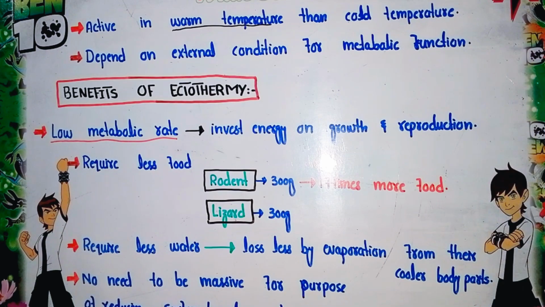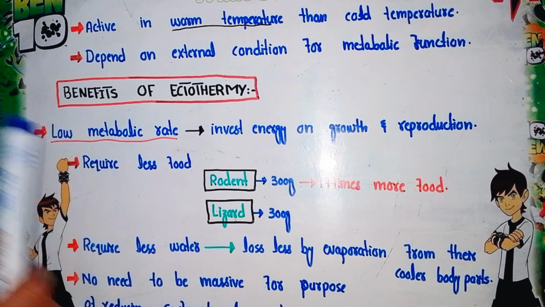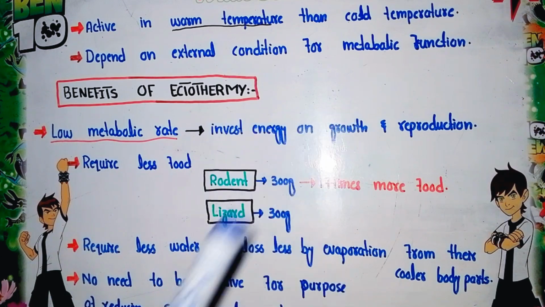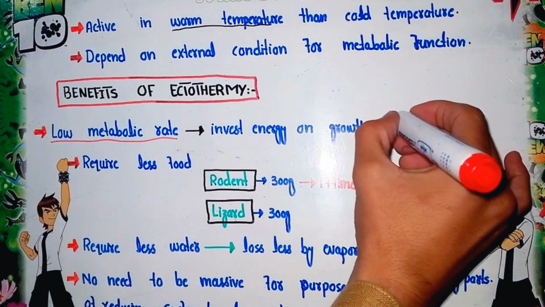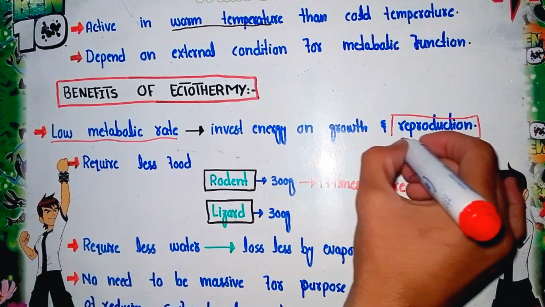Endotherms use this large amount of energy to regulate their body temperature. Ectotherms have a low metabolic rate compared to endotherms, which produces some energy, and they can invest this energy in growth and reproduction, which are very important functions of a living organism.